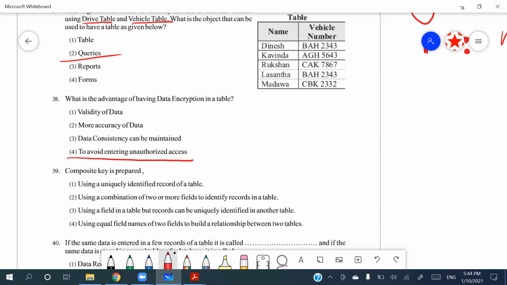So no third party can access and read it because it has been scrambled. So if an authorized person needs to read that, he has to decrypt it. So encrypted data will be decrypted. That means the scrambleness will be taken out so he can read it again. So it is for security purposes, which is to avoid unauthorized access.